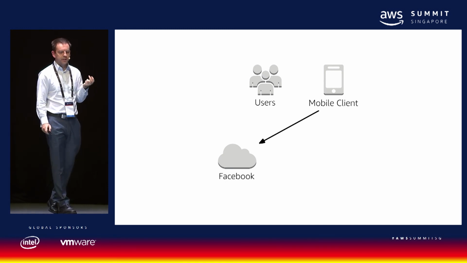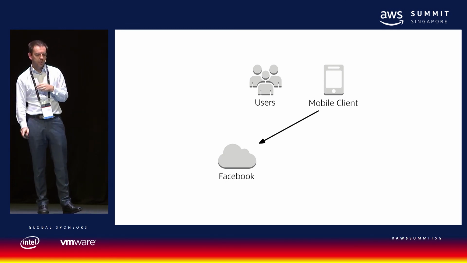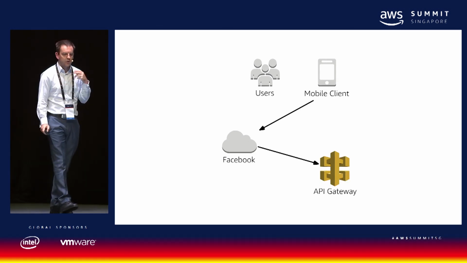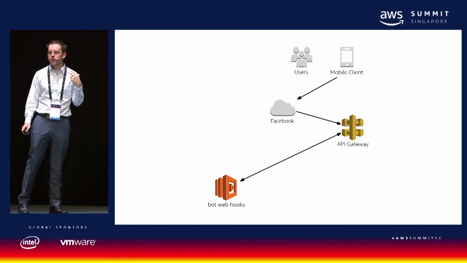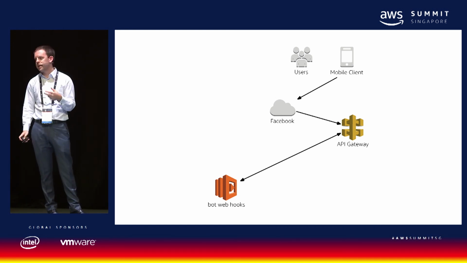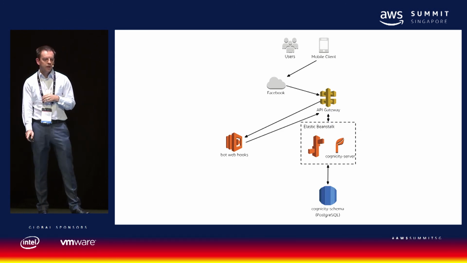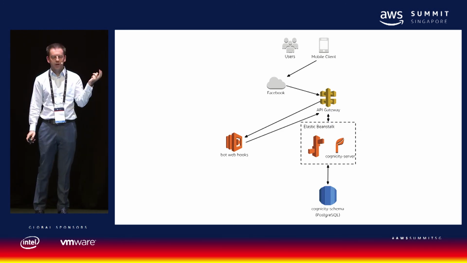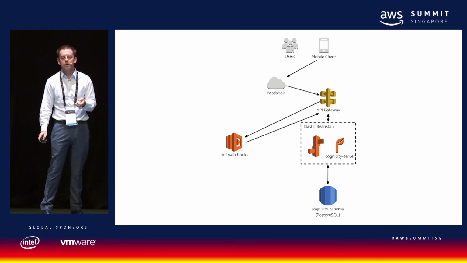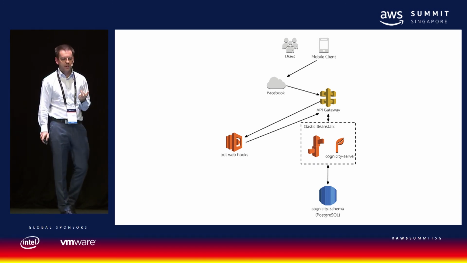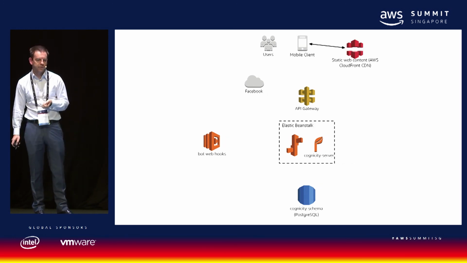Users send that message through to Facebook servers, which then talks to our API Gateway, which then talks to a Lambda, which is providing some of that bot functionality that we've seen. That bot Lambda then talks back through API Gateway to our core server to grab that custom reporting link, and then sends it back to the end user, as we've seen.